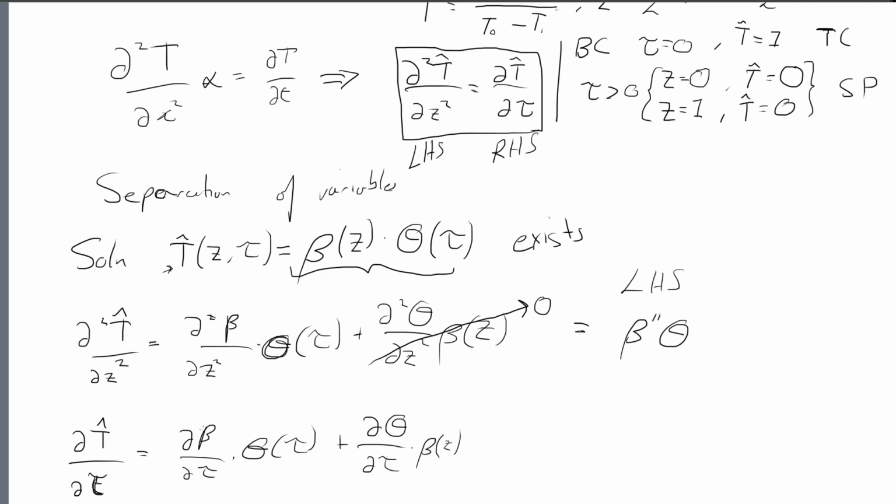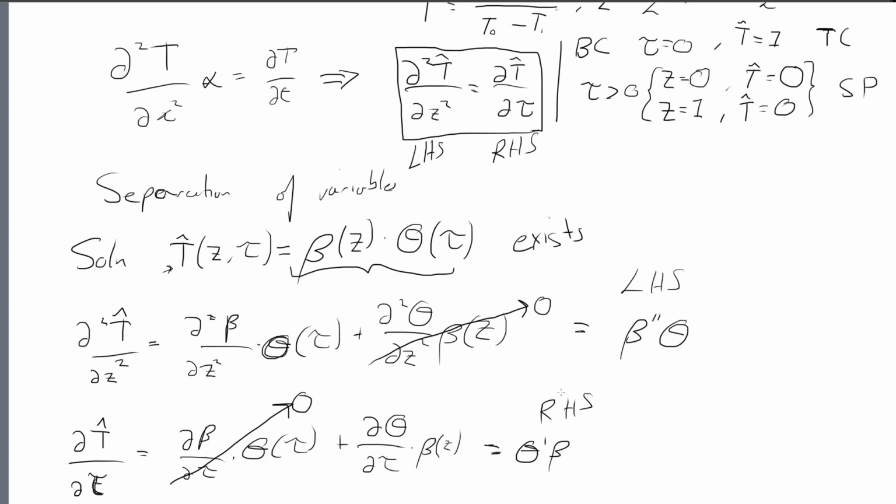And again, because we've differentiated beta with respect to tau, and we know that beta is not a function of tau, this term must be 0. So what we're left with on the right hand side, again using shorthand notation, is theta prime times beta.